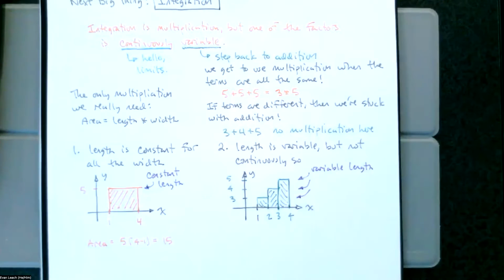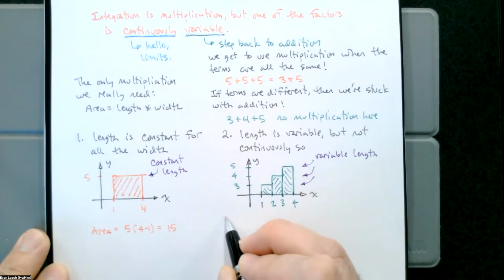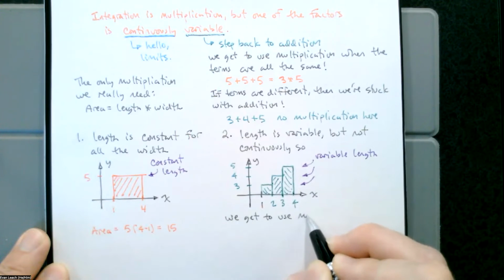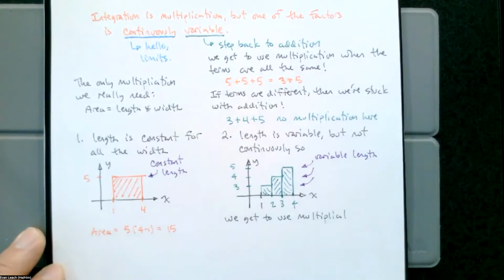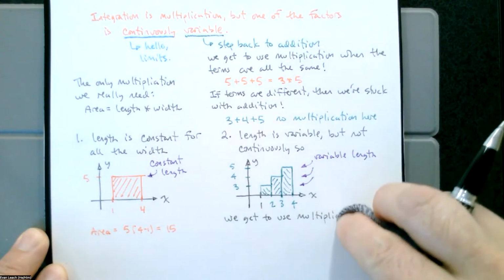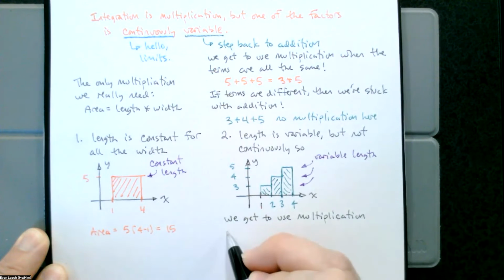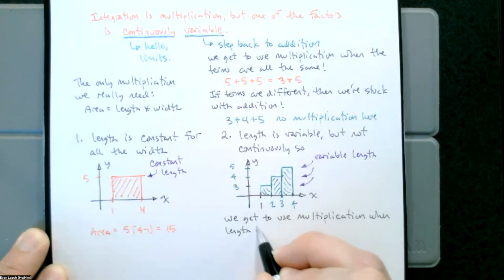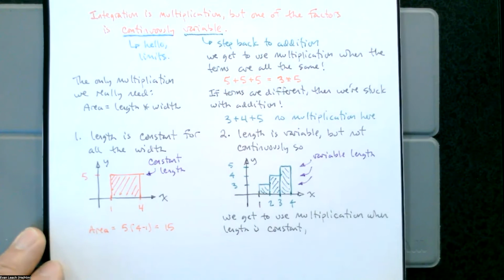In this case, we get to use multiplication where the length is constant. But we also need to use some addition.